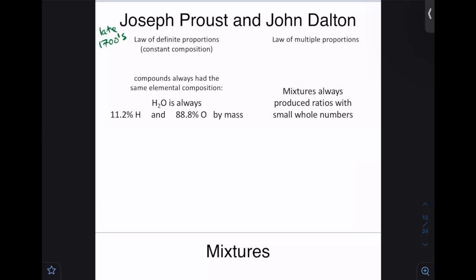By the way, I should mention our periodic table here with over 100 elements on it. They didn't know all of these elements in the 1700s. They only had a handful of elements that they were working with, okay? Metals, they knew about oxygen gas, and Proust was doing lots of experiments mixing metals and oxygen.